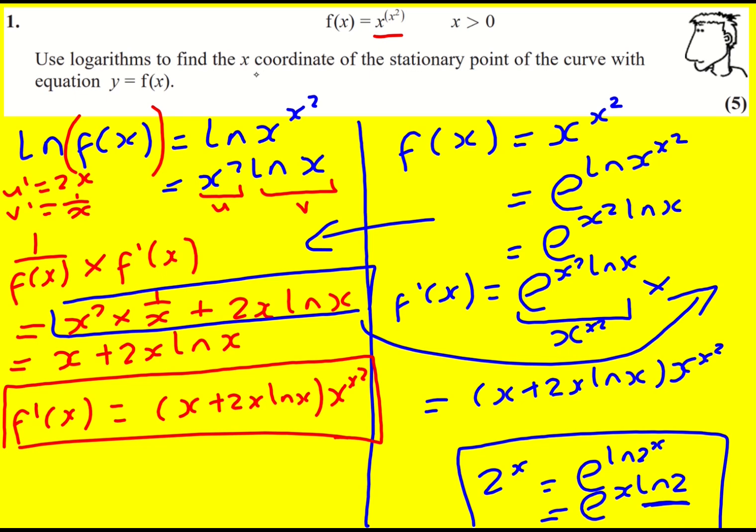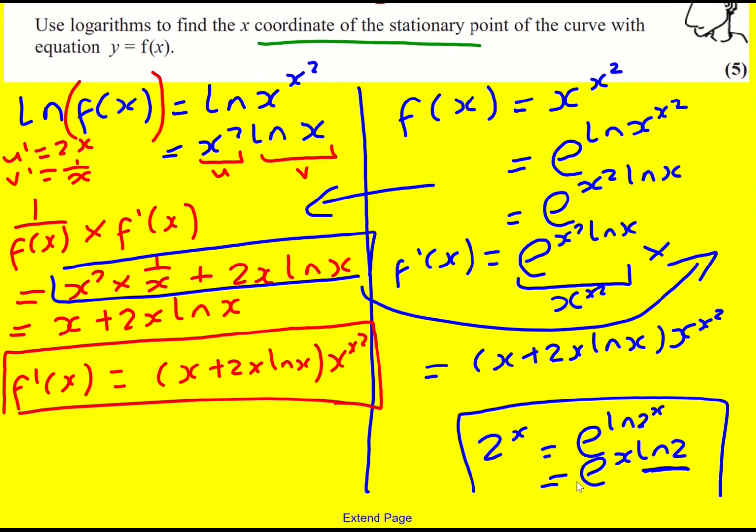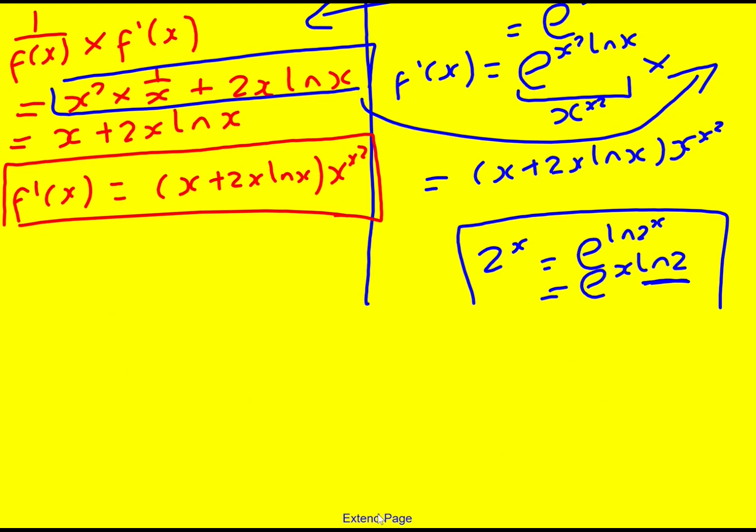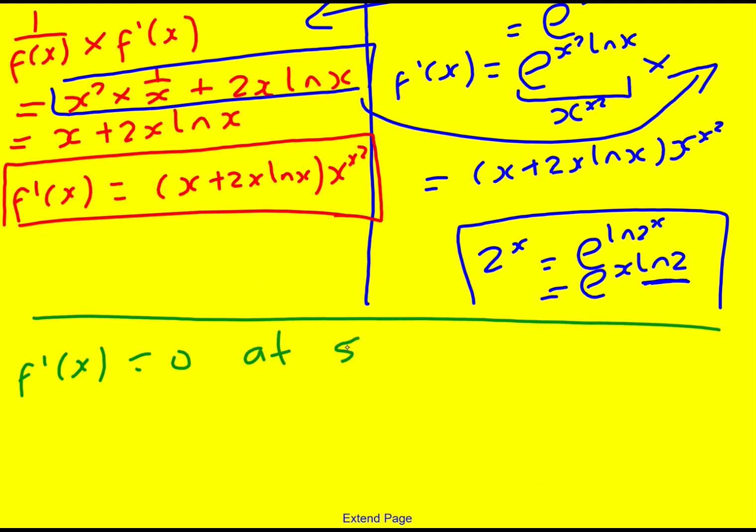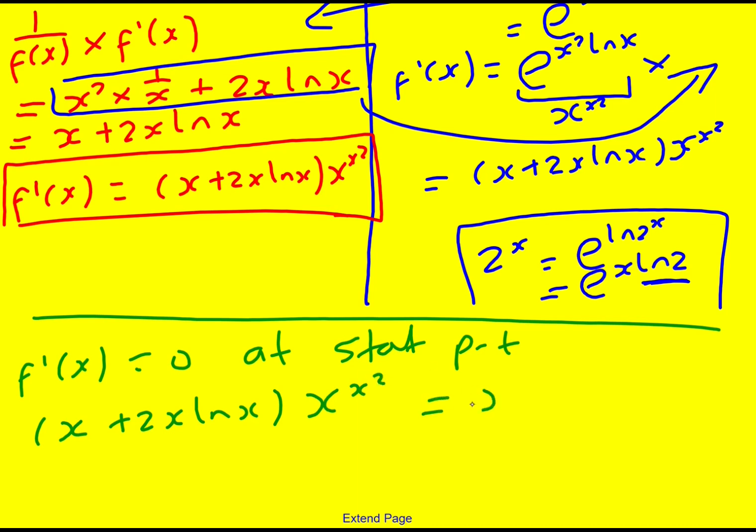So remember, we're being asked to find the x-coordinate at the stationary point, so we can set this f dash x equal to 0. And that means x plus 2x ln x times x to the x squared is equal to 0.